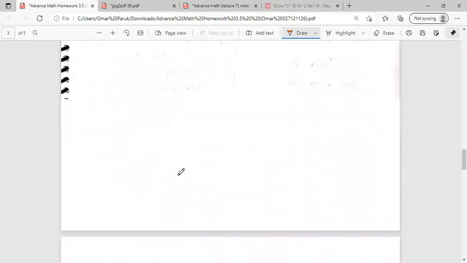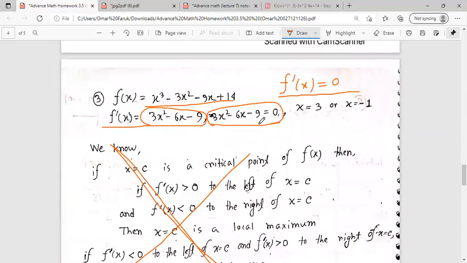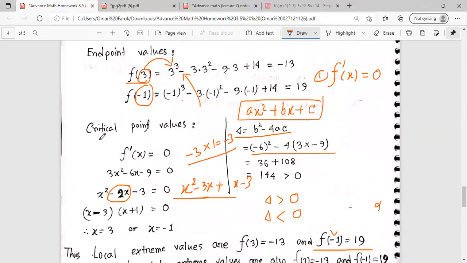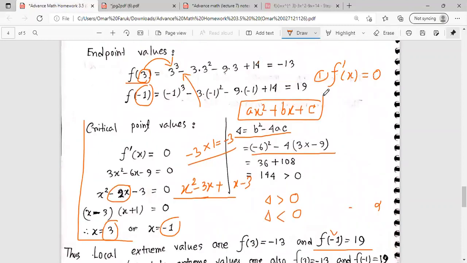So in number 3, I calculated the critical point values very simply here. So I got two critical points, one is 3 and one is minus 1. Now, what was our question?